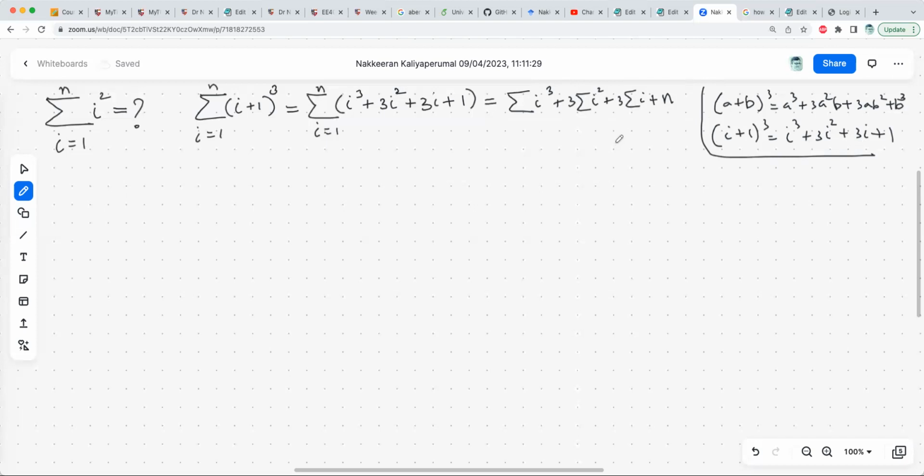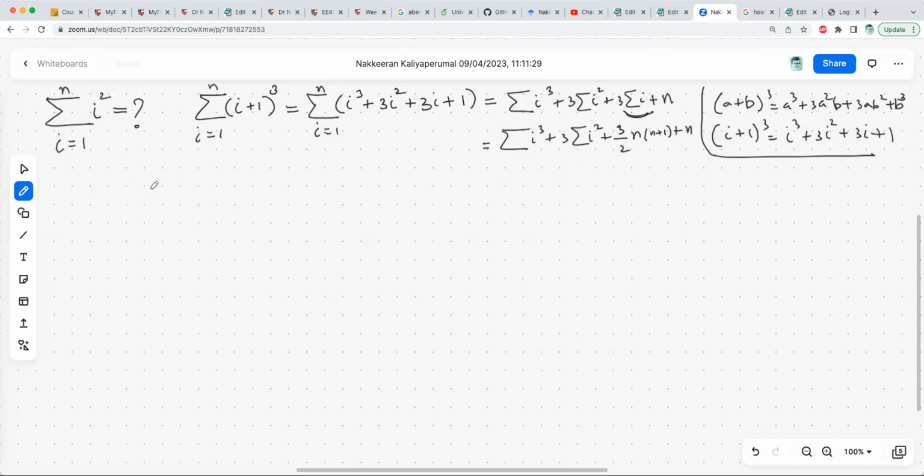Do you get that? And we have just solved the summation of i. So this will be written as the summation of i cubed plus 3 times the summation of i squared, which we are interested in, plus 3 times n(n+1)/2 plus n. Is that okay?